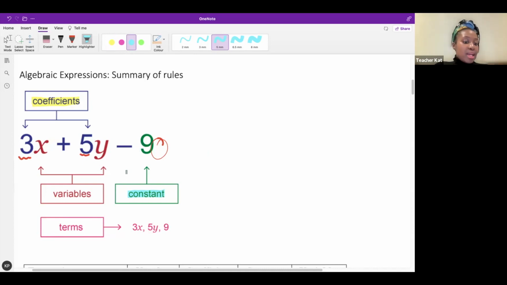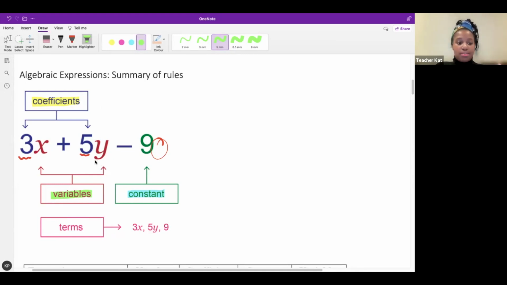Okay. Next, we're going to speak about our variables, which I have been mentioning the whole time now. If I say something varies, that means that it changes. So that means x and y do not have definite values, and it all depends on the expression or the equation or the question.